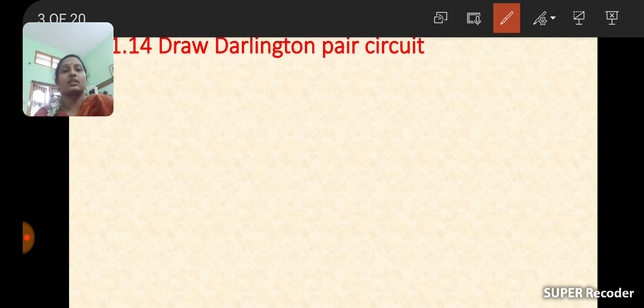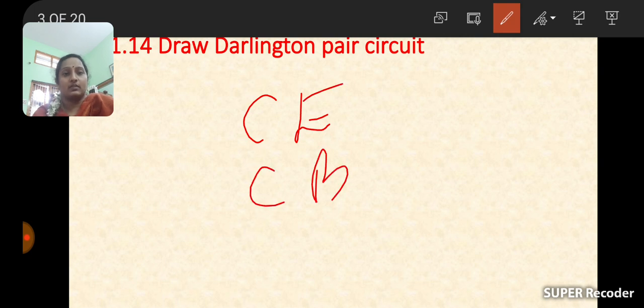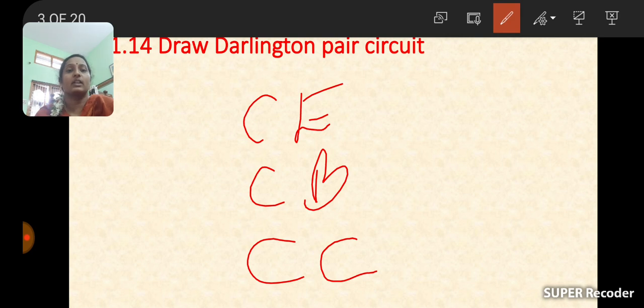Next, one more classification is there. According to the configuration, the amplifiers are classified into three types: common base amplifier, common emitter amplifier, and common collector amplifier. In the common emitter amplifier, the emitter terminal is common between the input and output, and it is connected to the ground. That configuration is called common emitter configuration.